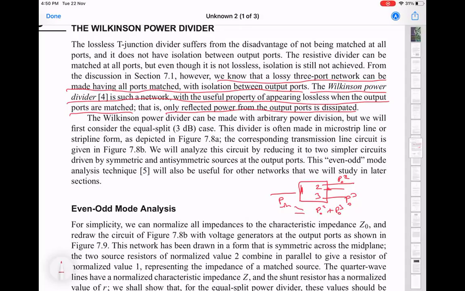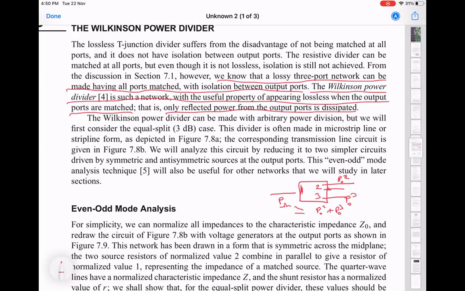I said it's lossless in one direction, but lossy in the other direction. That seems like it's non-reciprocal, right? But that's because we are not thinking about all the three ports together. When I'm talking about reciprocity, I'm only going to look at a pair of ports. So here, S12 and S21 will always be the same, and similarly, S13 and S31 are the same.